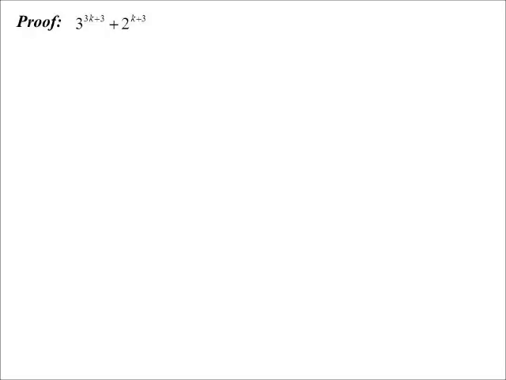To sub that in is a bit difficult. So I rewrite the assumption to make 3 to the power of 3k the subject. So we said 3 to the power of 3k plus 2 to the power of k plus 2 was equal to 5p. Well, if I rewrite that assumption, I can say 3 to the power of 3k is equal to 5p minus 2 to the power of k plus 2. And that's how I'm going to get my assumption in there.